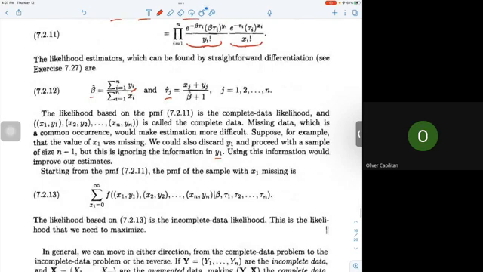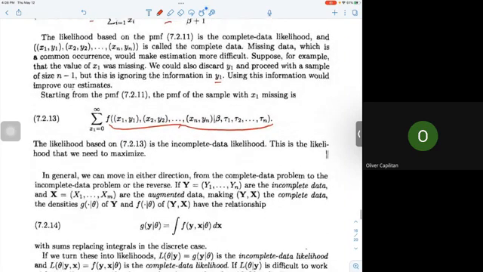So kung i-express natin itong joint PMF dito, this is actually a product, no? The summation of the product. Mas mahirap siya i-evaluate. So the likelihood based on 7.2.13 is an incomplete data likelihood. This is the likelihood that we need to maximize.